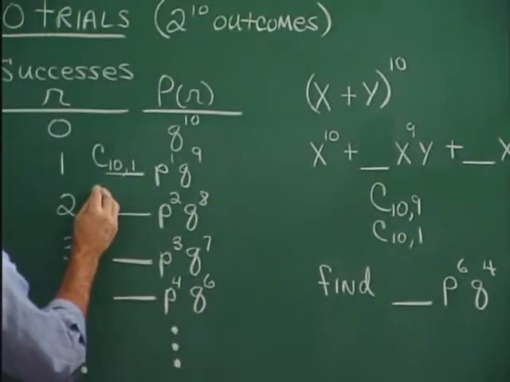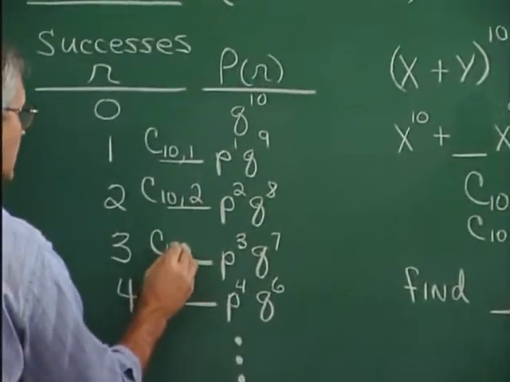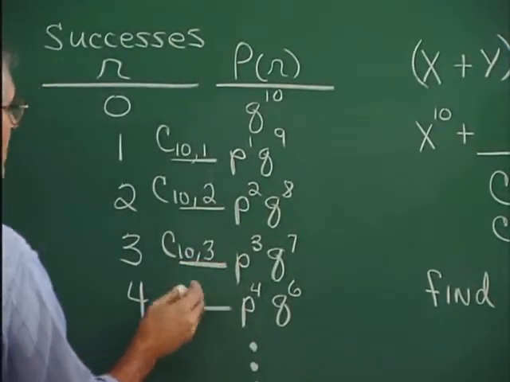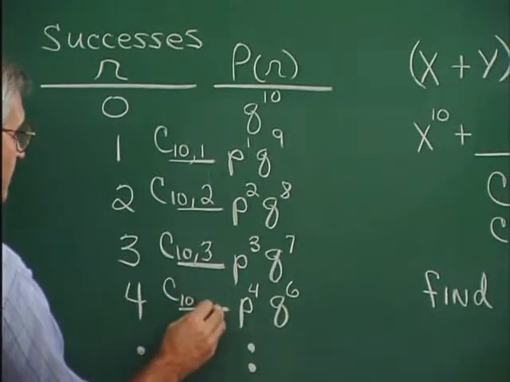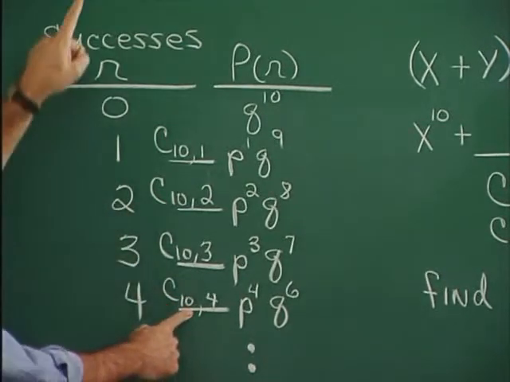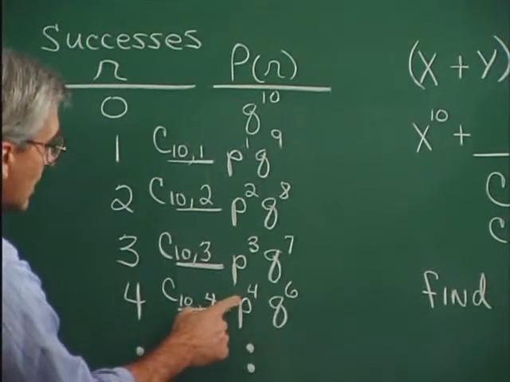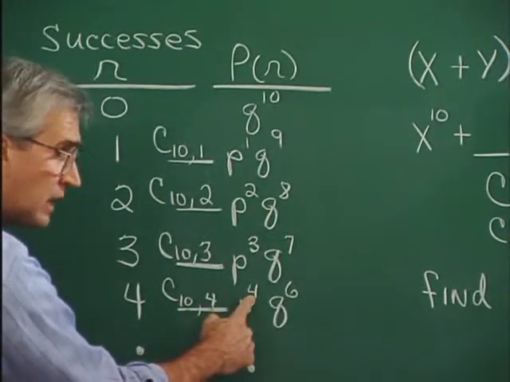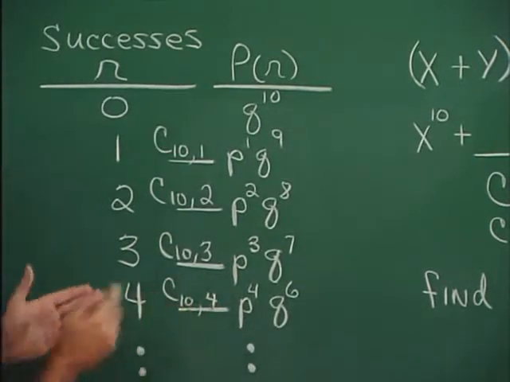Here it's the combination of 10 things taken 2 at a time. Here the combination of 10 things taken 3 at a time, and so on as we go to the bottom of the pattern. So the 10 is the number of trials that we have. The 4 is the same as the exponent on p. So that's how we can recognize what we use for our combination idea.